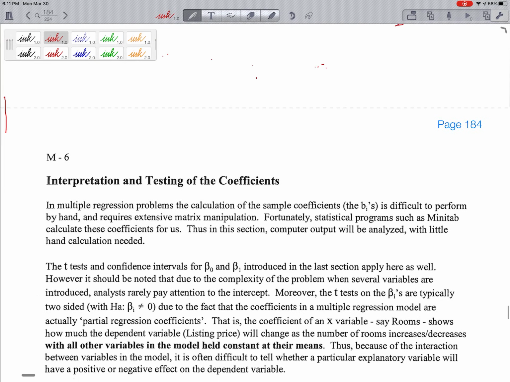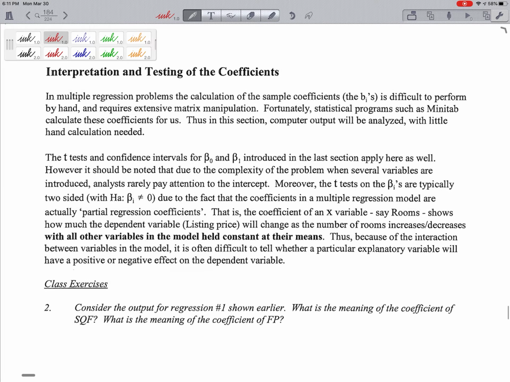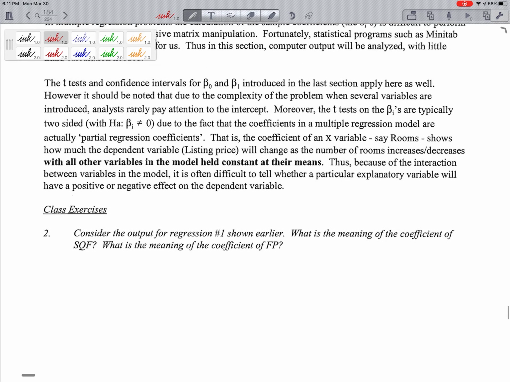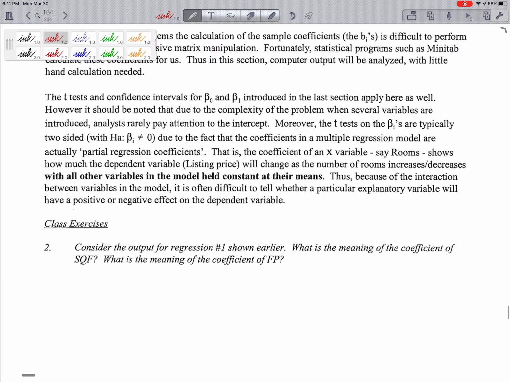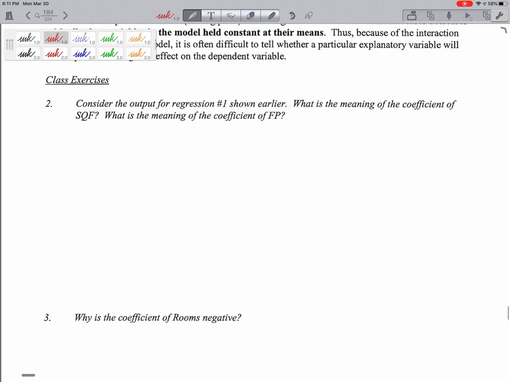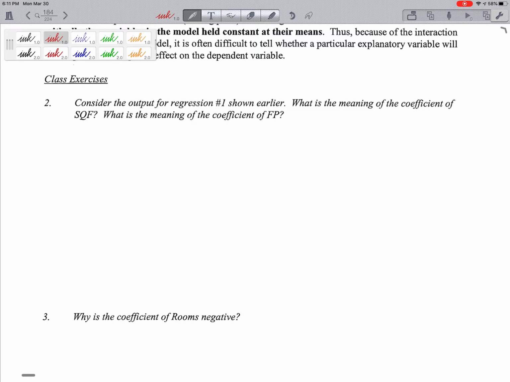All right, let's look at the interpretation and testing of the coefficients here. I'm going to get back to this paragraph when we take a look at actually answering these questions.